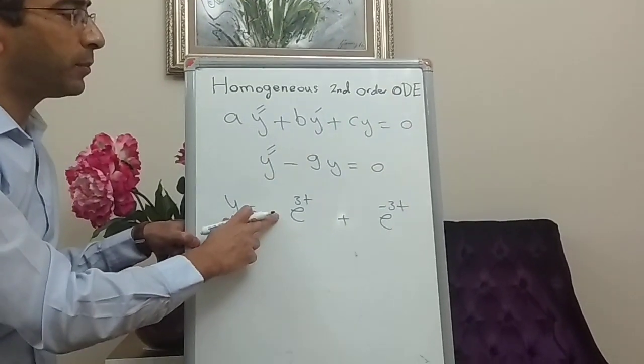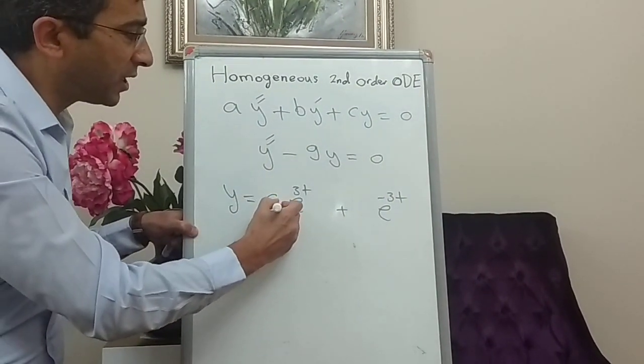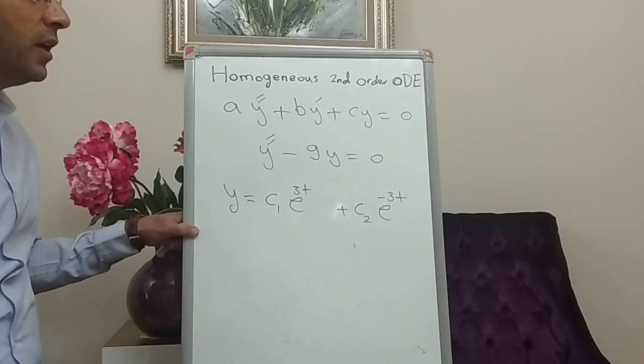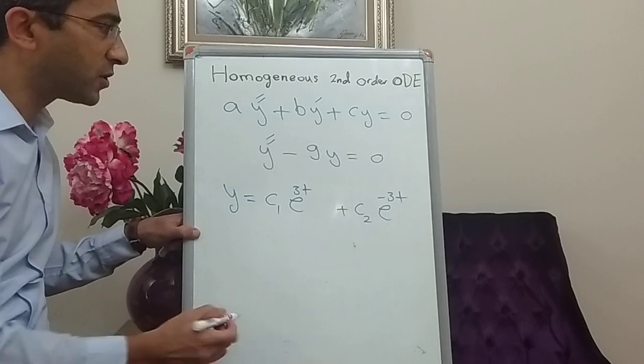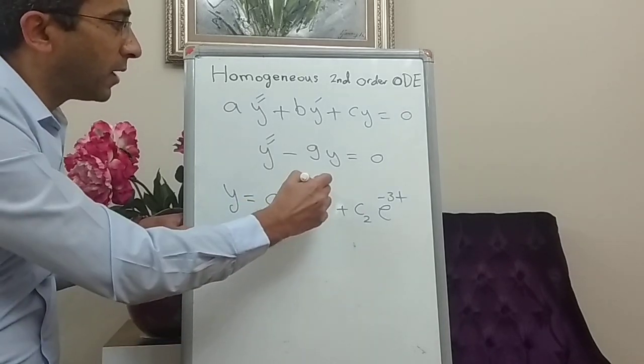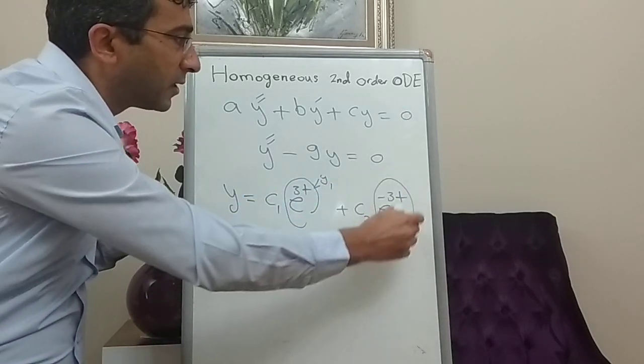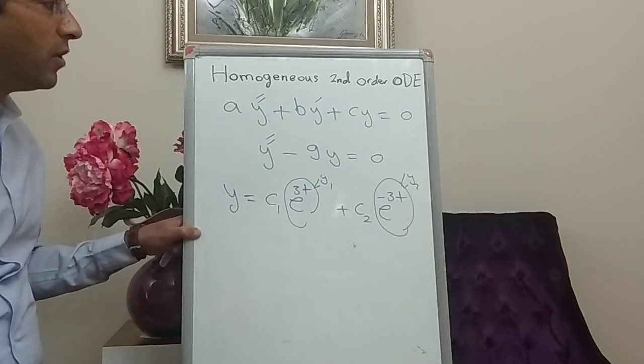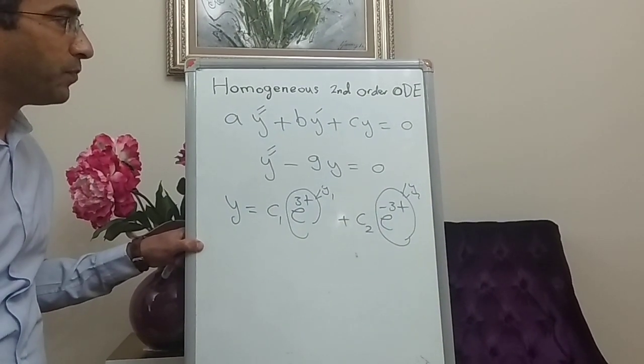It means you can multiply them by any constant numbers c1 and c2. We call the first solution y1 and the second y2, and the general solution is a combination of both of them.